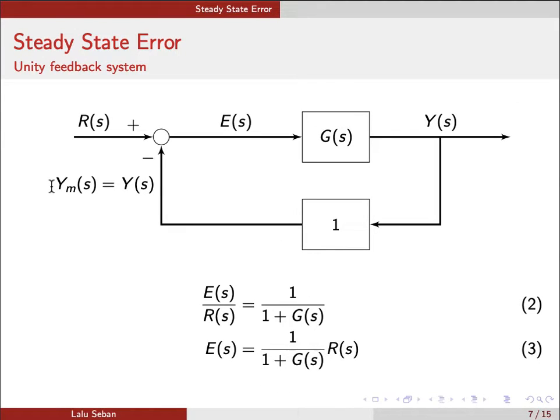So for unity feedback system, when H(s) is equal to 1, Ym(s) will be equal to Y(s), and our new relation E(s) by R(s) can be given by equation number 2. So our emphasis is on the error signal. So E(s) will be 1 upon 1 plus G(s) into R(s), that is the Laplace transform of the reference signal.